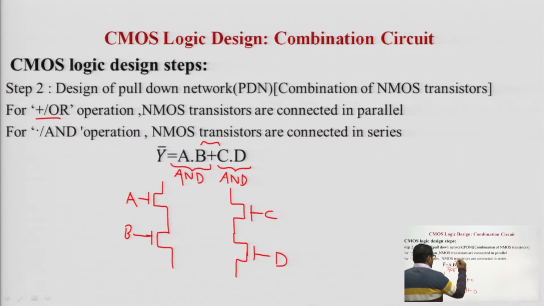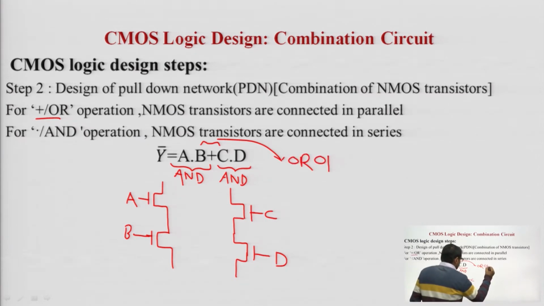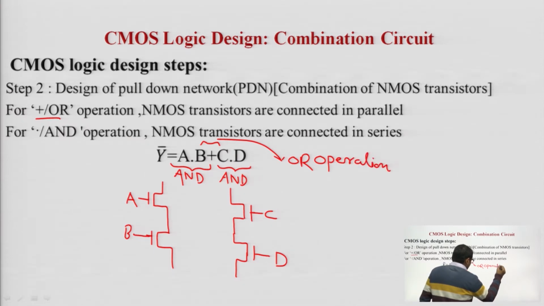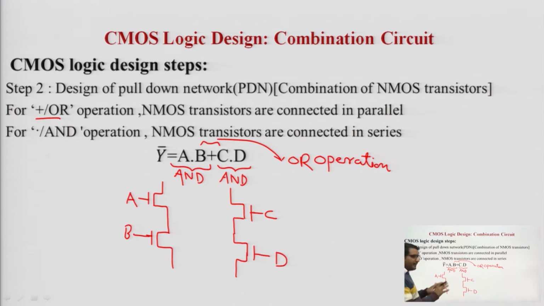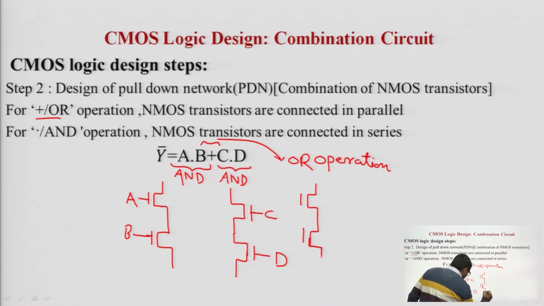This is the OR operation. Finally, the pull down network, or an array of NMOS, will look like this.